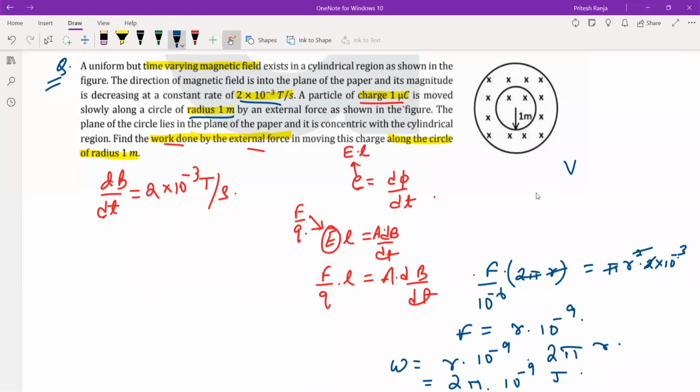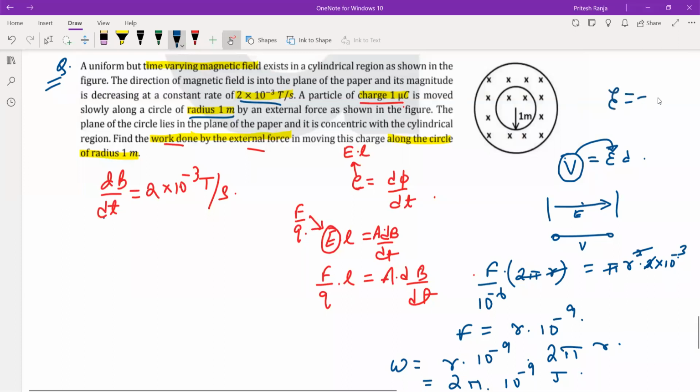Wherever there is voltage, that voltage is because of the presence of electric field. If there are two plates, we have learned this in capacitors. If I am saying that the voltage across the two plates is V, that means the electric field in the region is E, and that can be related using V equals Ed. So one can say this voltage is a function of electric field, right?